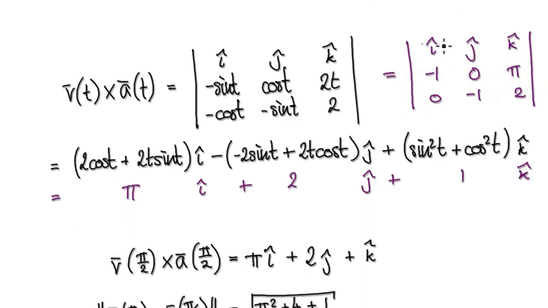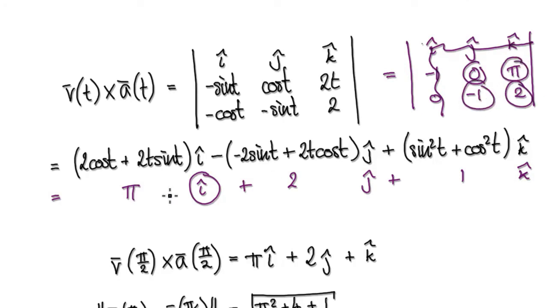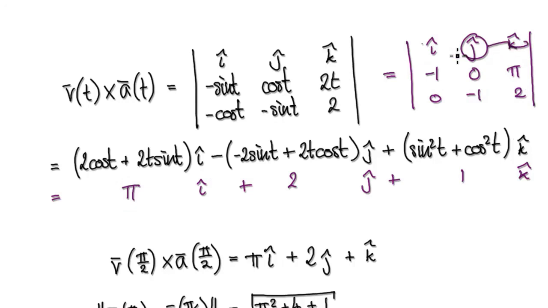So looking at the i component, discard. That would be this times this, which would be 0, and then take away this times this. You've got two negatives, that will then give you a positive pi. And then looking at the j, discard, and then it would be this times this, take away this times this.